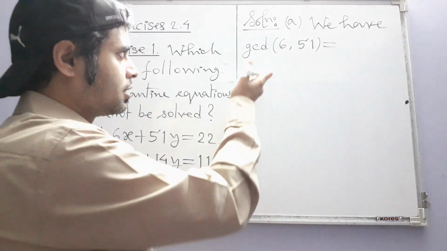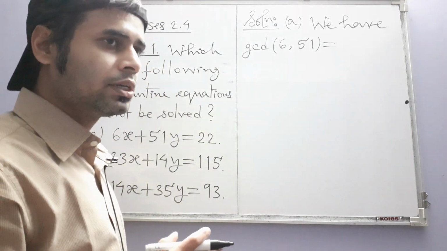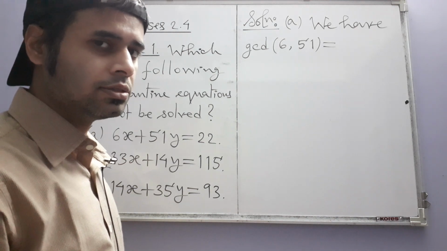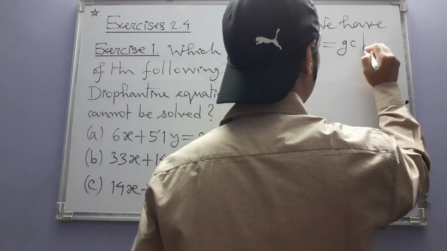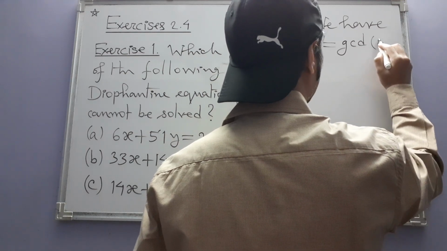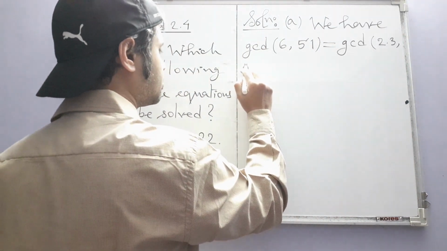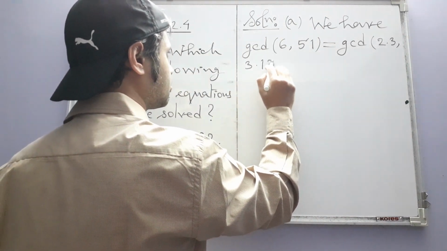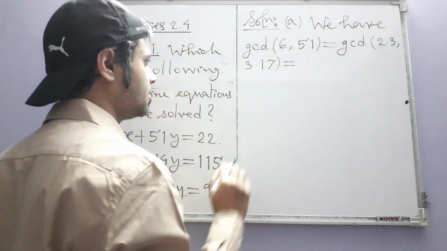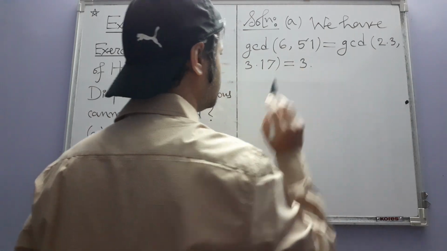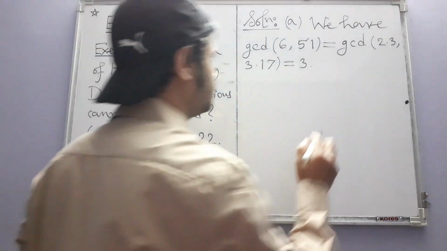But here for this particular case the integers are rather small and we can factorize them quite easily, and that will help us calculate the GCD more quickly. So from the prime factorizations we can simply see that the GCD is 3, and 3 of course does not divide 22.